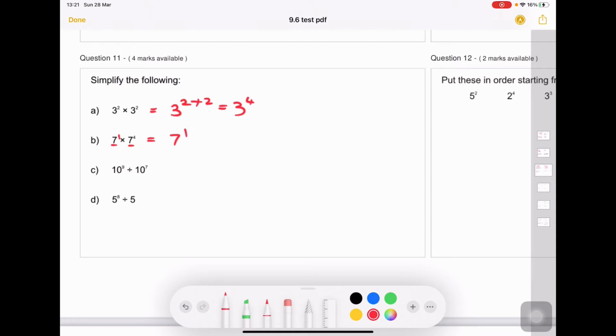And so the answer would be 7 to the power of 1 plus 4, which is 7 to the 5. Here we're dividing powers, so we are taking away 7 from 9, 10 squared.